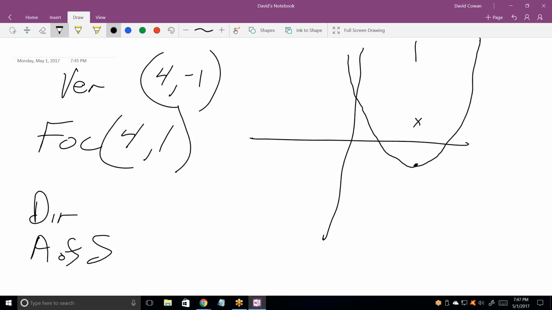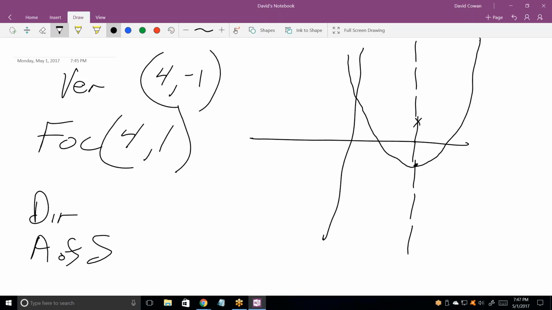And the line of symmetry is right there. In other words, it's called the line of symmetry because it's symmetrical on both sides of that line. The parabola is merely a reflection on the left side of the line of symmetry. If I reflected it over, it would be on the right side.